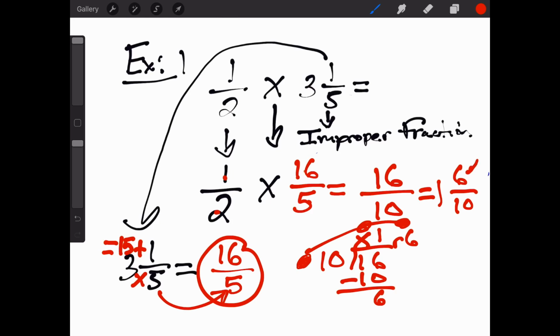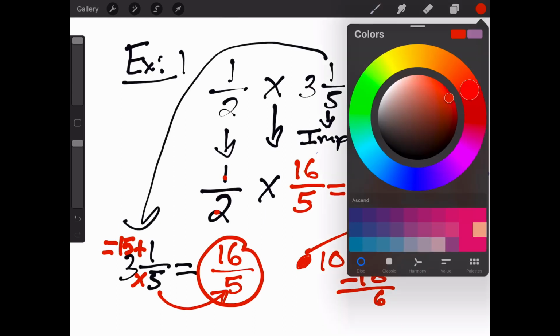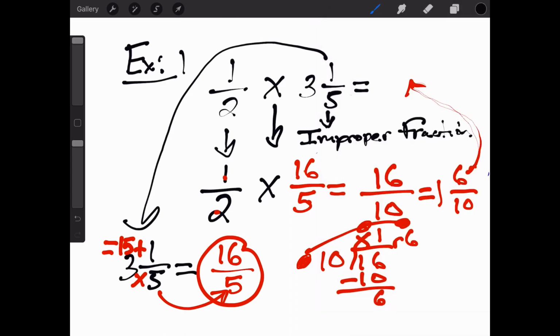So let's take this up here because we don't have too much room. I'm going to put this fraction into a t-chart. So 6 and 10. We have 1 times 6 and 2 times 3. This is a mess.